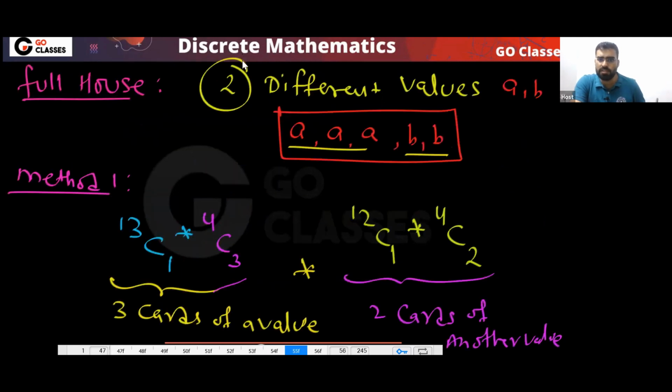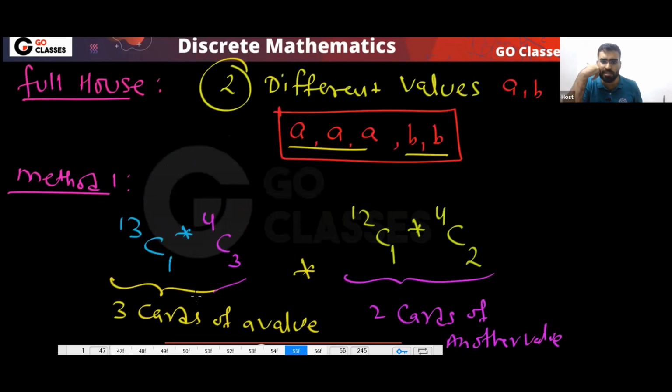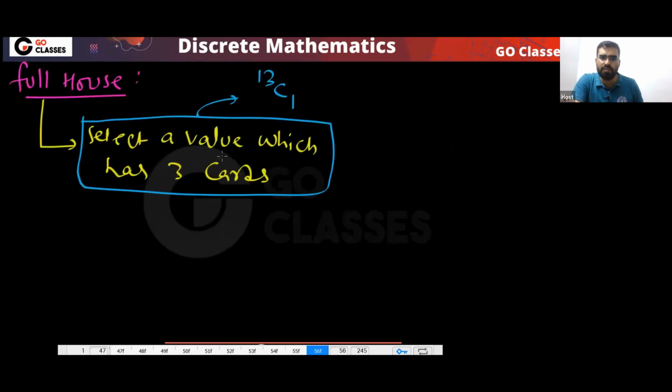So finally, what is a full house? If you want to create a full house, first you select a value which will have 3 cards. For example, this value 5 has 3 cards, and this value 4 has 2 cards. So 13C1.